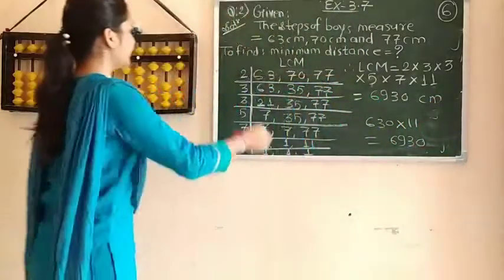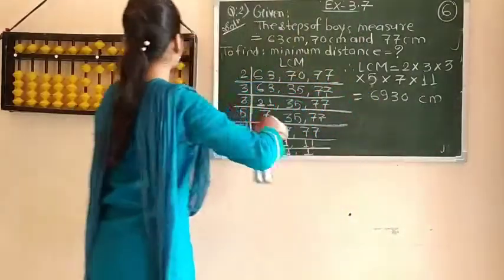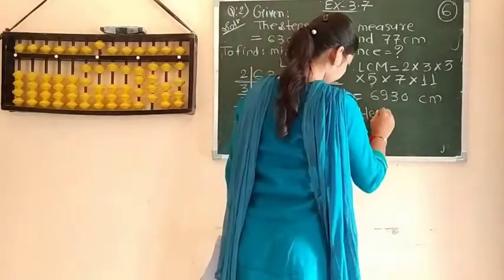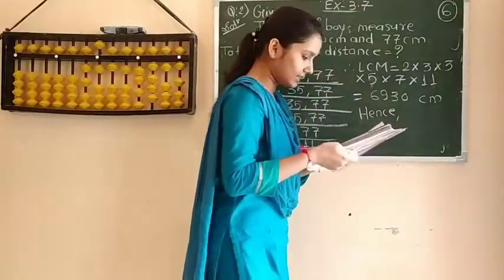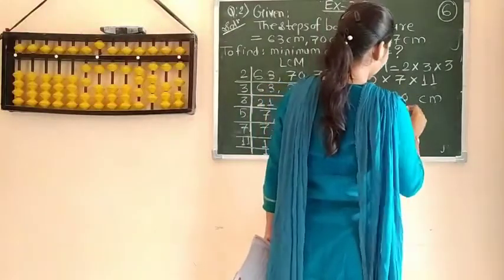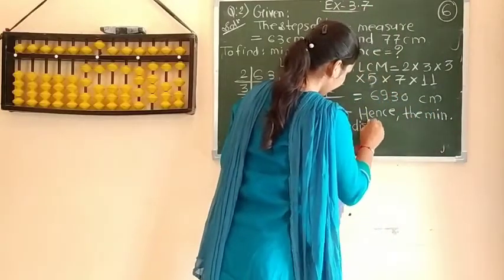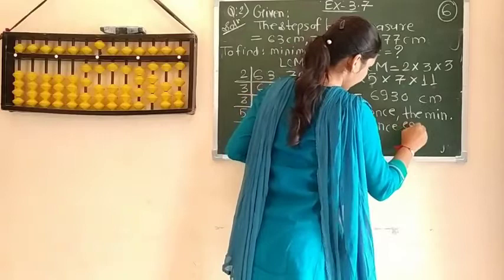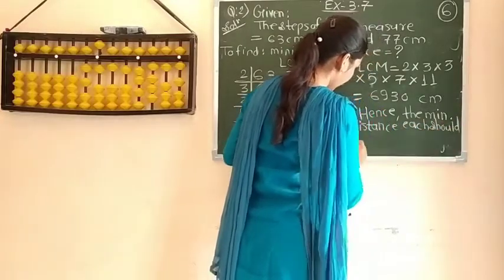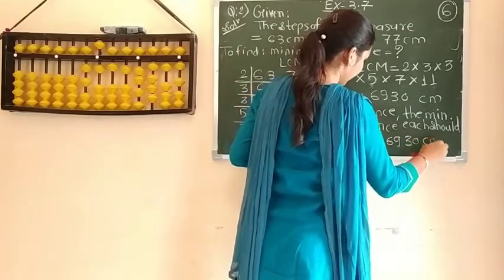Centimeter. So at last you have to write thus, or hence, or therefore: hence, the minimum distance it should cover is 6930 centimeter.